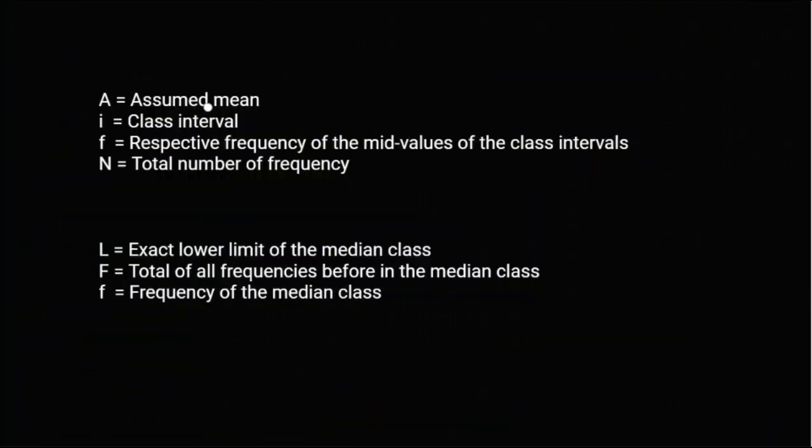Okay, let's try to calculate the mean. The formula of mean is AM plus summation fx dash by n into I. Here AM is the assumed mean, I is the class interval, f is the respective frequency of the mid value, and n is the total number of frequencies.